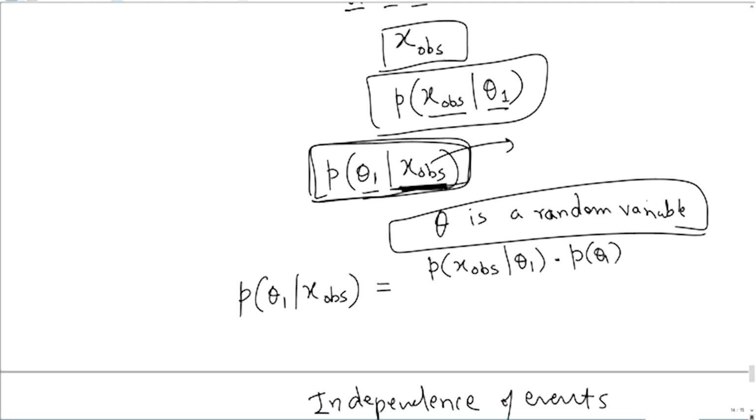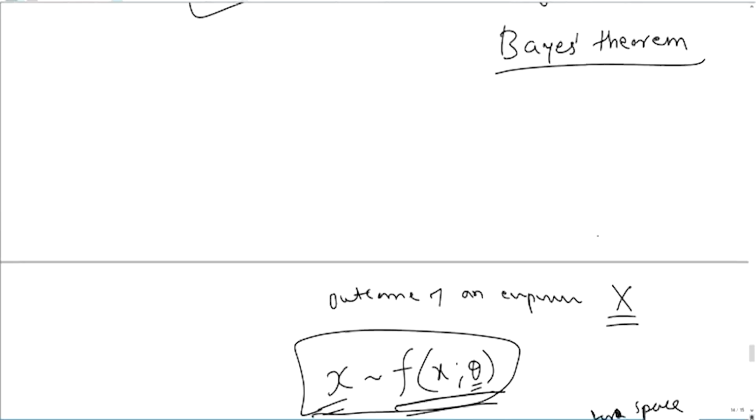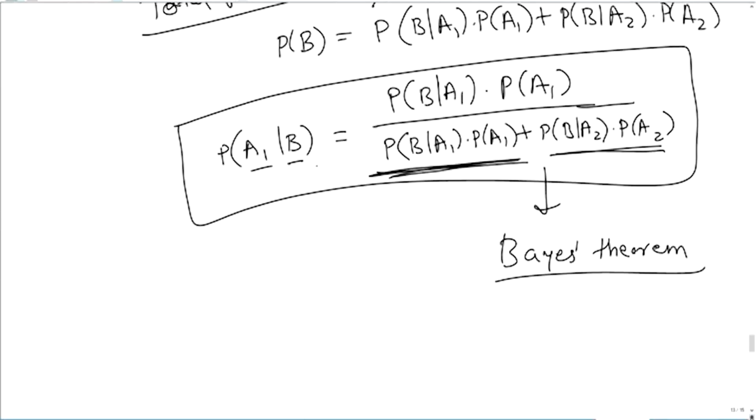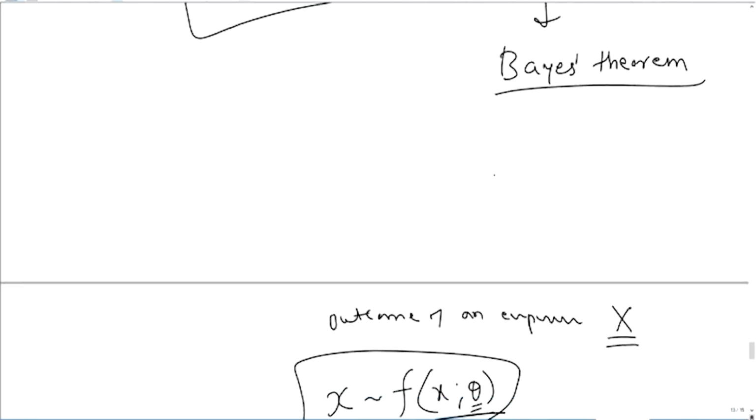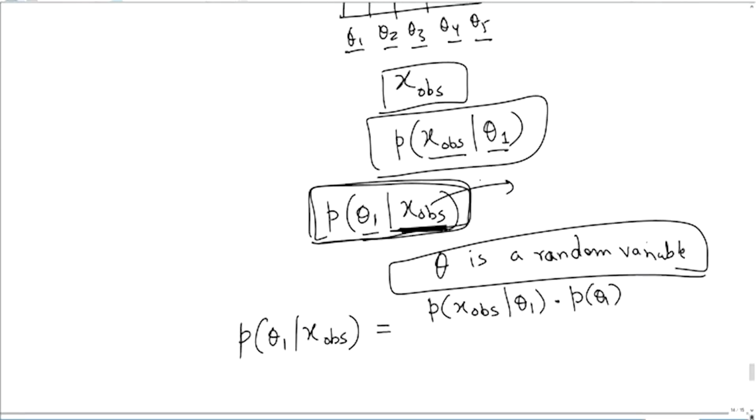I'm just applying Bayes theorem. See here, probability of A1 given B is equal to probability of B given A1 into probability of A1 divided by total probability of B. And total probability of B means that you are summing the same numerator term across all mutually exclusive and exhaustive events. Okay.